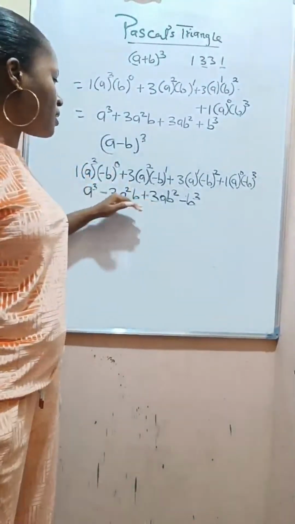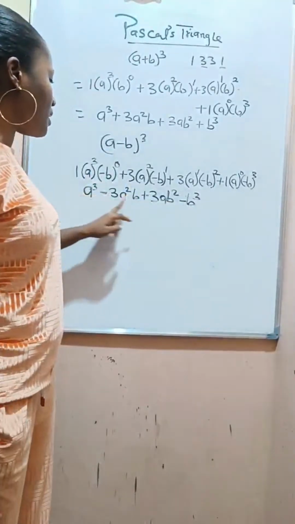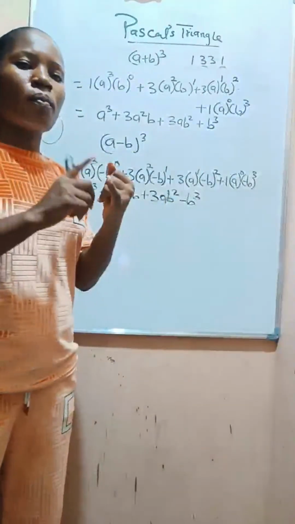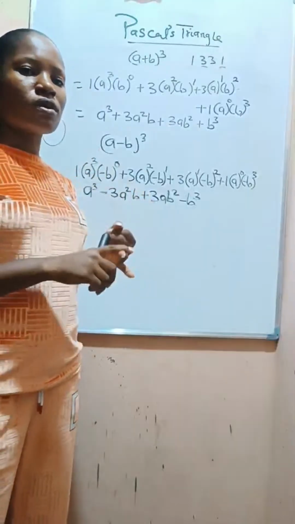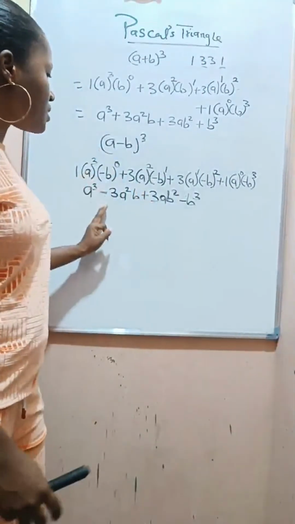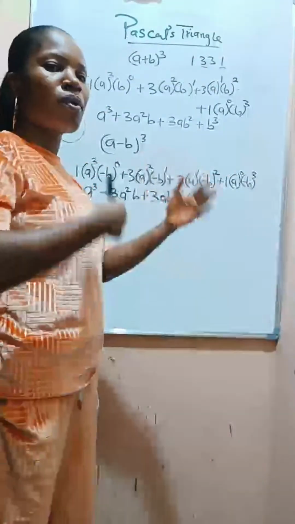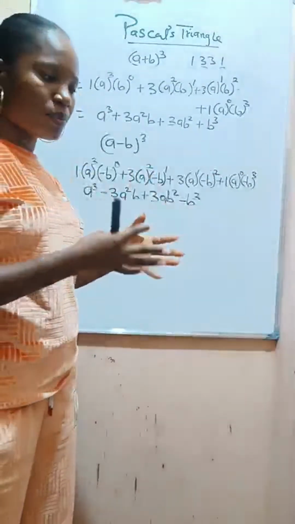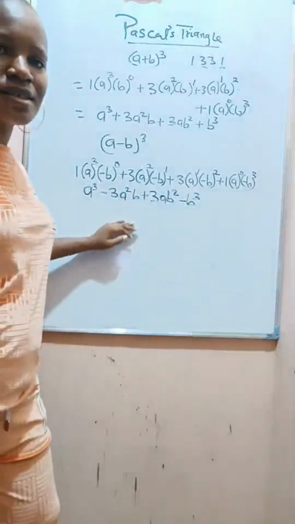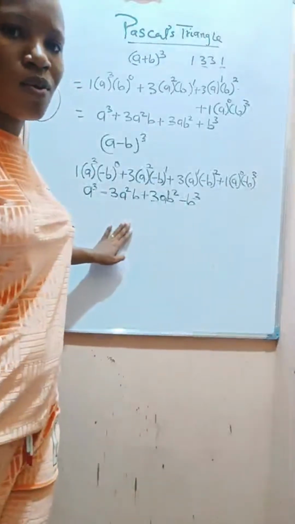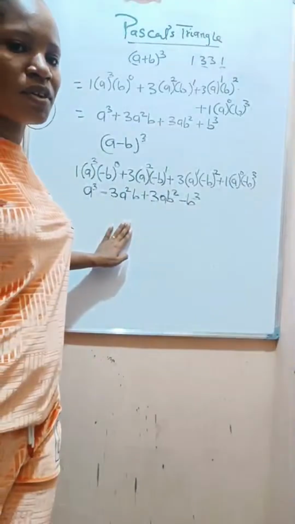Just write whatever you want to write and interchange the sign. Whether your power is even or odd, the sign will start from negative, positive, negative, positive, negative, positive. It will keep interchanging each other. Okay, so that is it for this particular one.